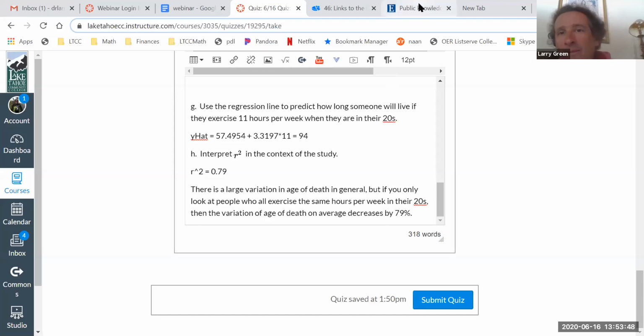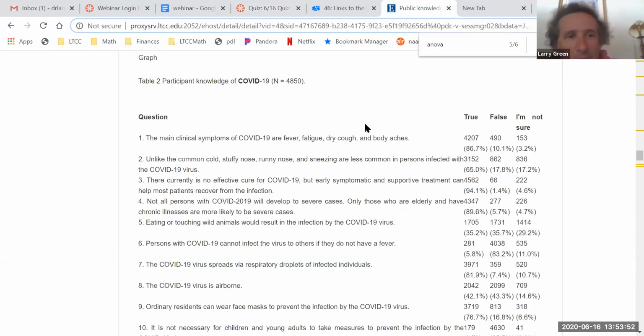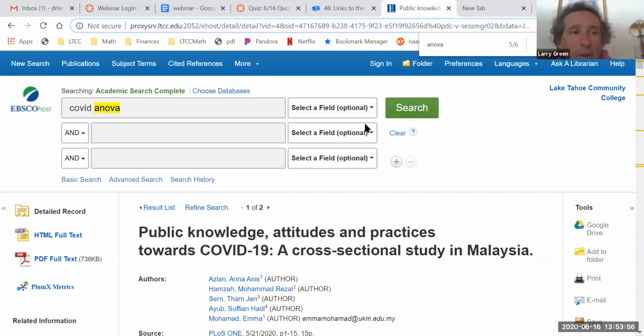So I grabbed one, and I'm not going to get into all the details, but I am going to briefly talk about it. I just went into our EBSCOhost, which you all have access to in our LTCC library.